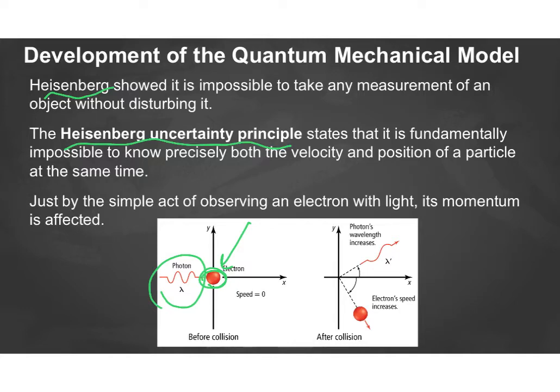You've given it momentum. So the bottom line is, Heisenberg said it's basically impossible to know simultaneously the velocity or momentum of an electron and the position, not just an electron, any subatomic particle. So simply by observing it, we lose information about it.